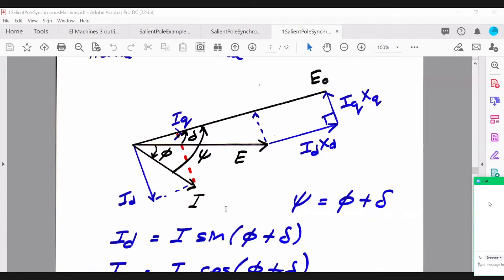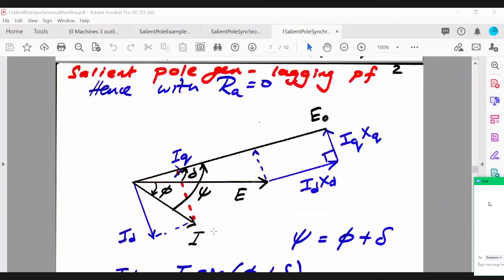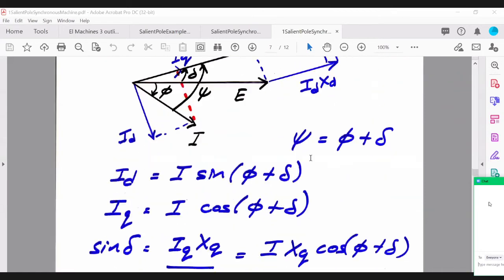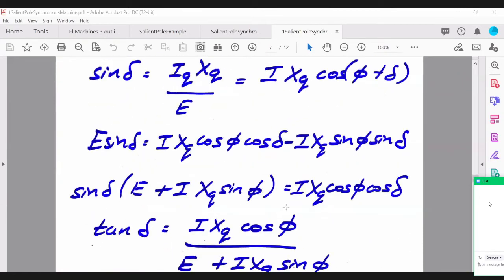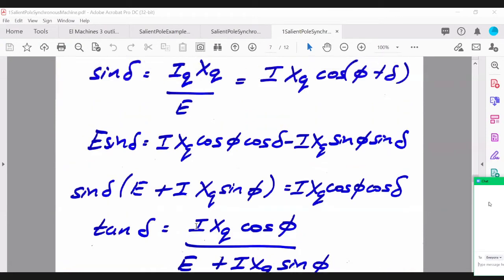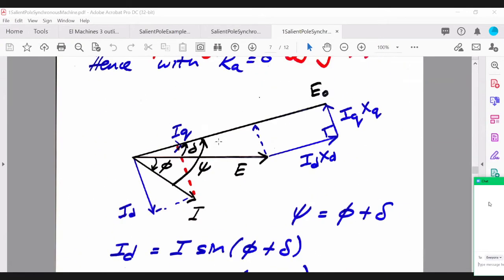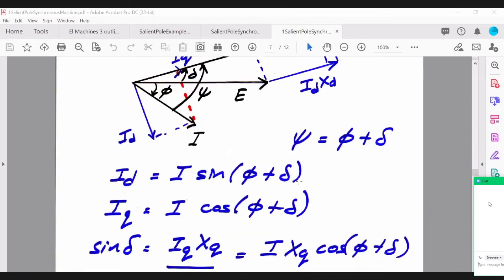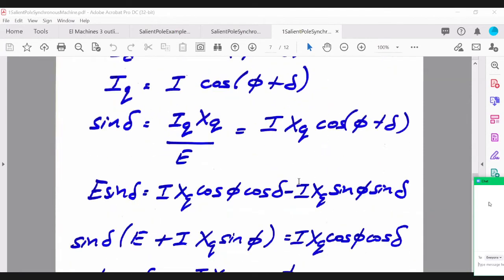Okay, so if your generator is operating at lagging power factor, you can use this equation to determine your angle delta and eventually determine the induced voltage. So we can eventually determine what E naught is. We're going to look at the formula later on, how to determine E naught.